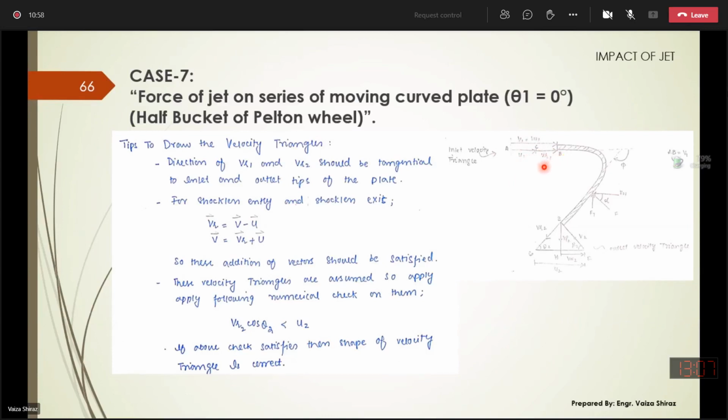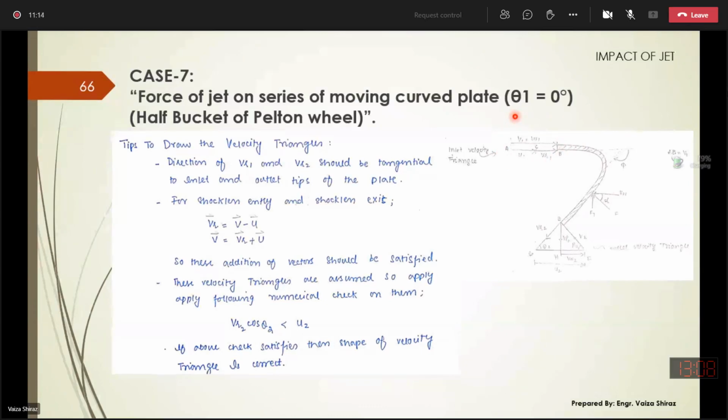So finally your jet will enter with the relative velocity VR1 into the bucket. Now if you see, these velocity vectors are not forming a triangular pattern, but we are calling them velocity triangles. So don't get confused with the term.